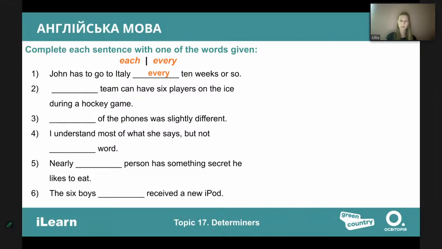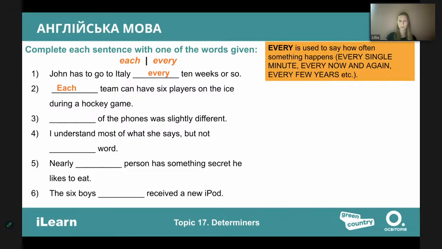Okay, number 2. Each team can have 6 players on the ice during a hockey game. Each team, because how many teams are there when we play hockey or football? Only 2. So кожна з двох would be each. Кожна з багатьох would be every.